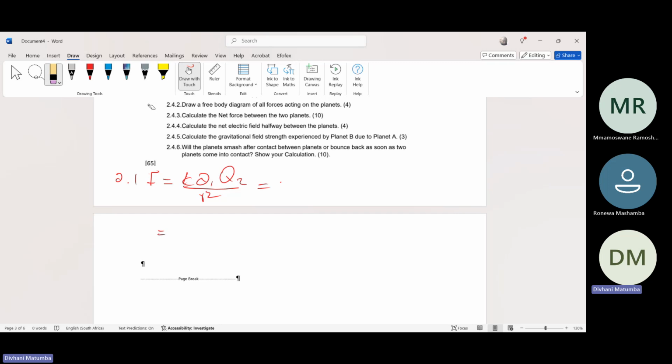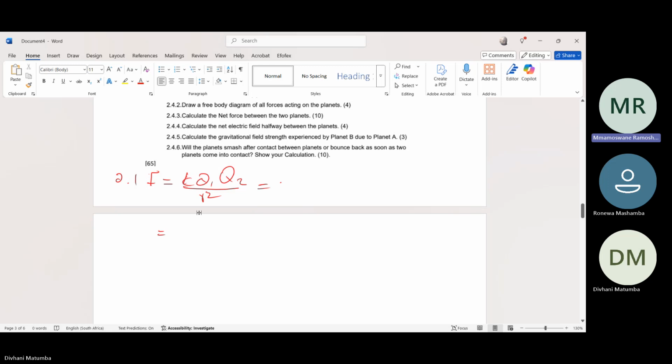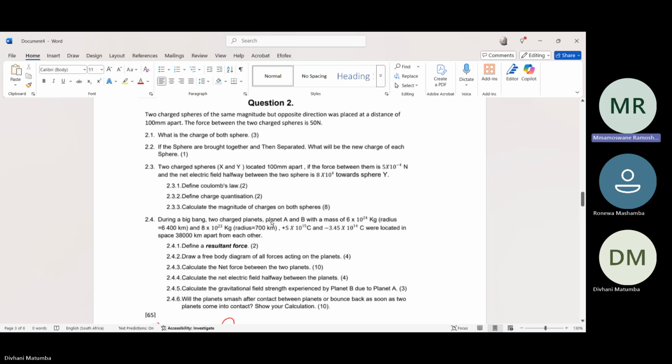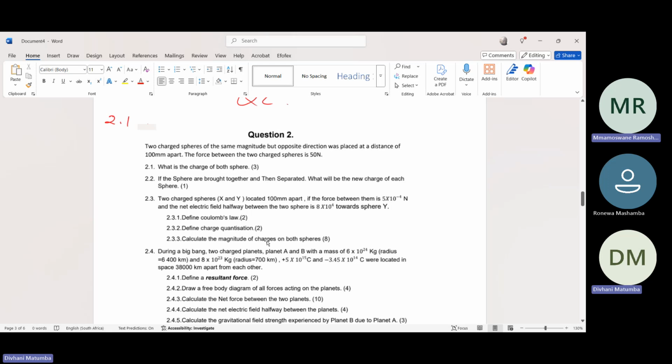Because, are the two charges going to be in attraction, or are they going to be repelling each other? Please scroll up so I can see the question. Two charged spheres of the same magnitude but opposite direction. So they're going to attract. They will be attracting each other.